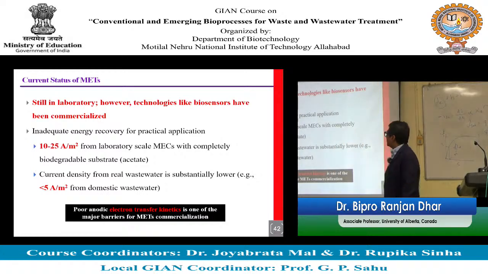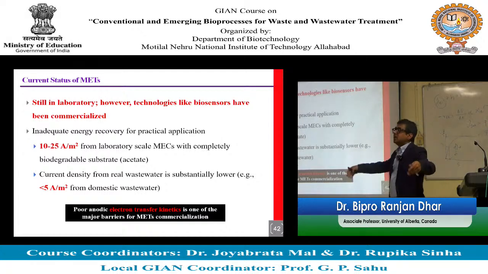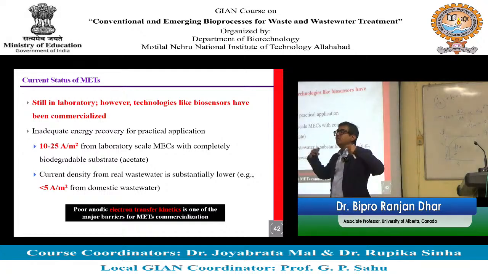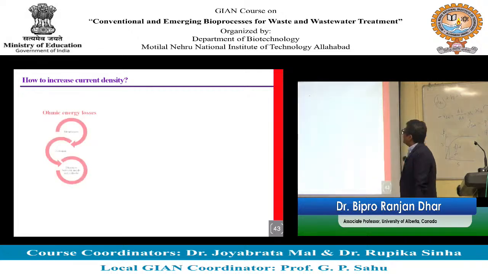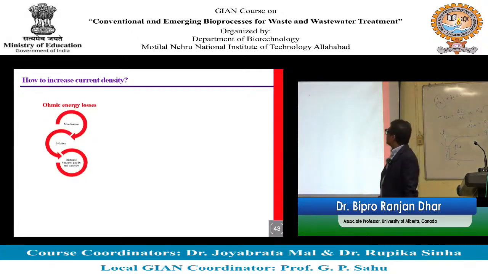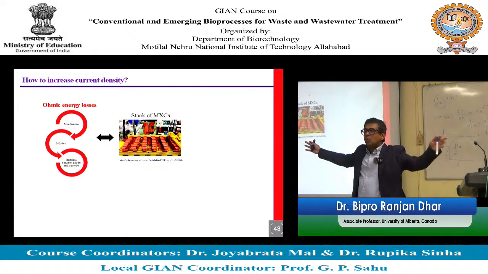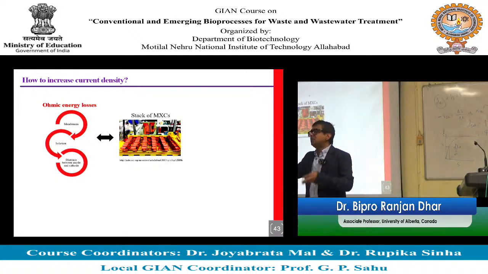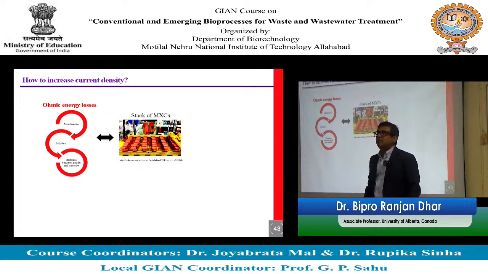Another challenge is how to scale up the process, because as I was mentioning, a large reactor means more ohmic losses, right? So that could be a big challenge here. Some researchers propose that instead of making one big system, why not make multiple small systems and add them in series or parallel connection? That might be a solution.